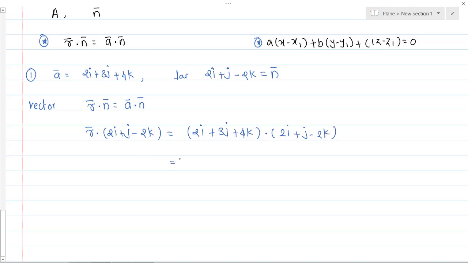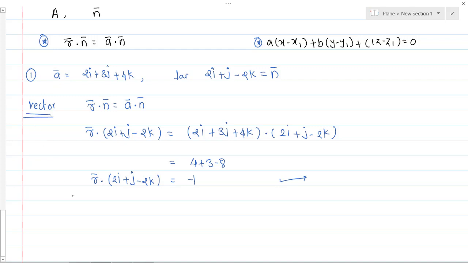Let's solve this. 2 into 2 is 4, 3 into 1 is 3, and 4 into minus 2 is minus 8. So 4 plus 3 minus 8 is minus 1. So r bar dot (2i plus j minus 2k) equals minus 1. This is the vector equation of the given plane.